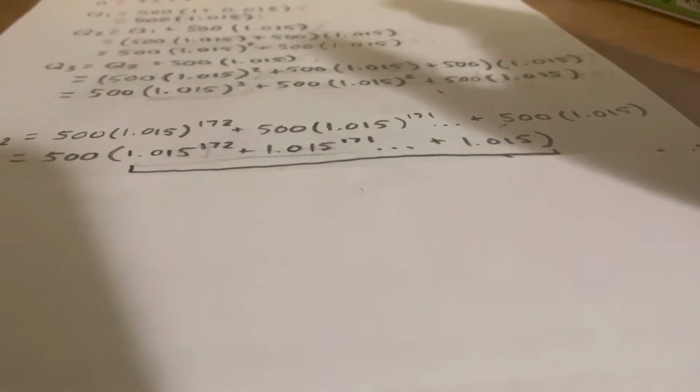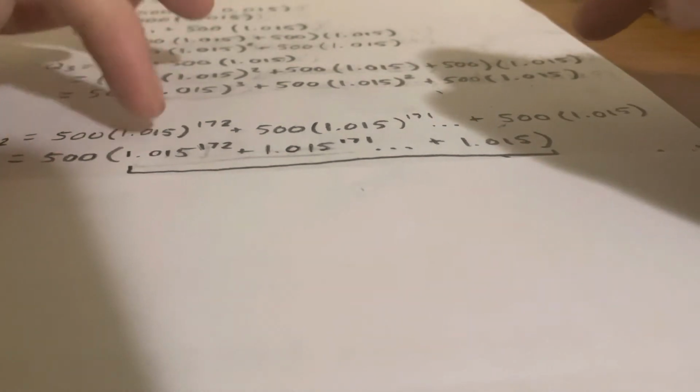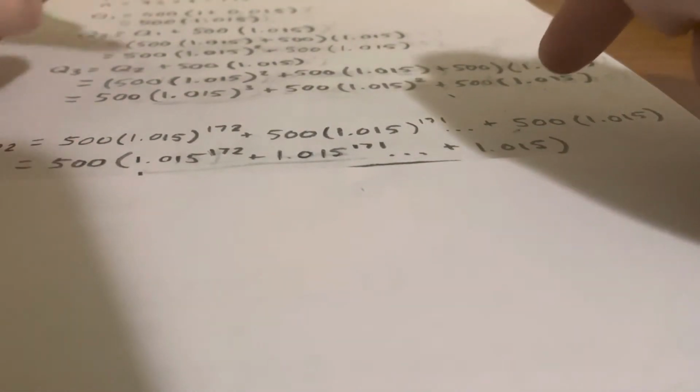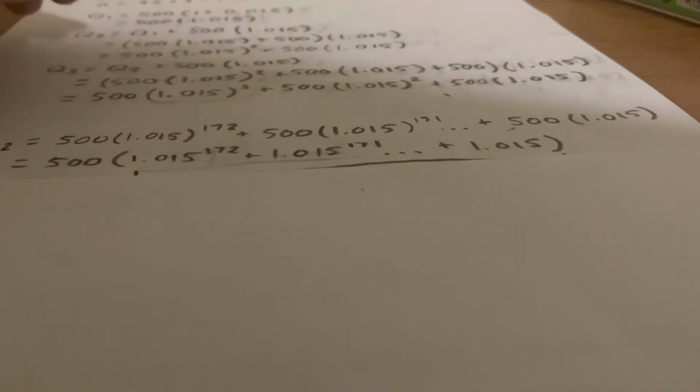We're going to factor $500 out of that, and put all the things inside the bracket into one big chunk. So we're going to have 500 on the outside of the brackets, because it's being multiplied by every single one, all the way up until 1.